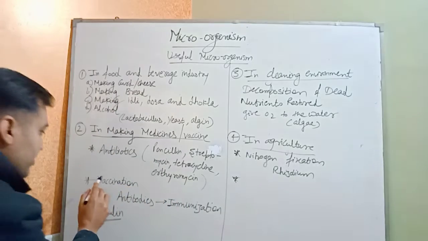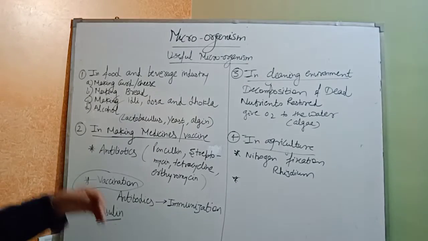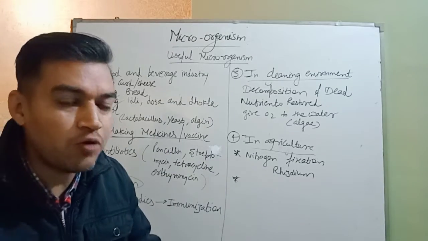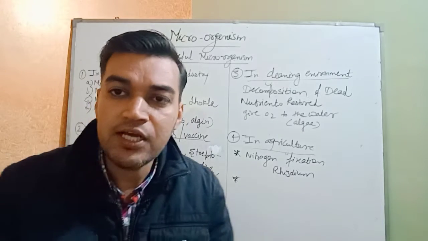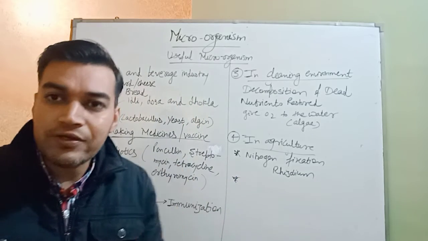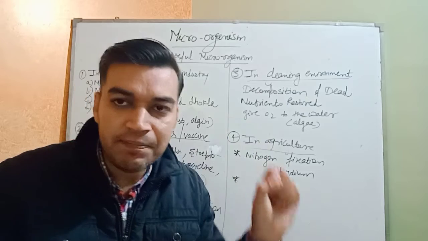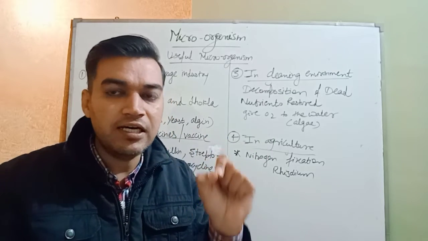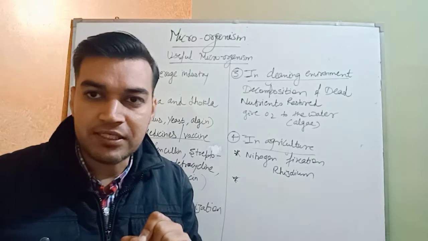Okay, next is vaccination. Yes, vaccines are also developed from the dead microbes or very weak microbes. If a virus is creating disease in your body, scientists and laboratories take a small amount of microbes from the infected person and inject it into a healthy person.